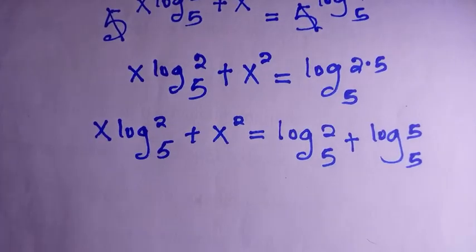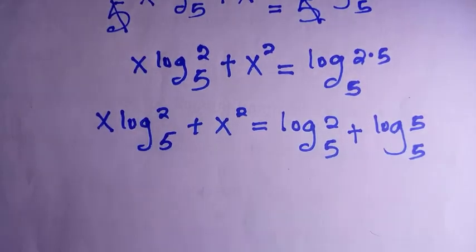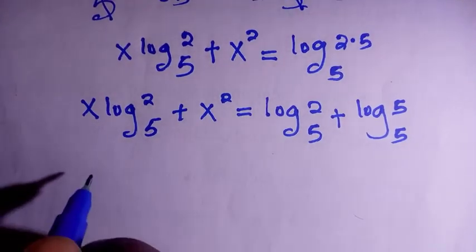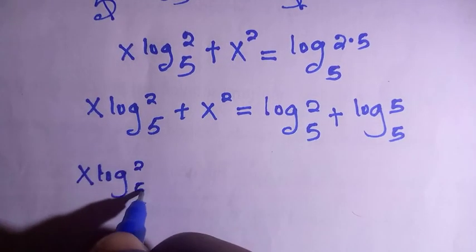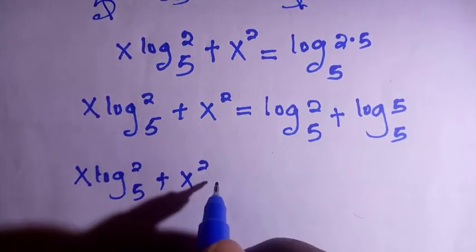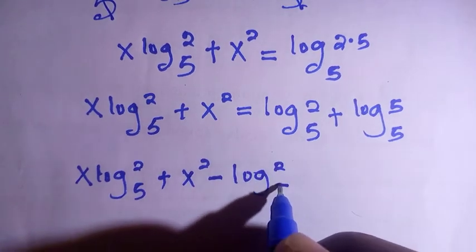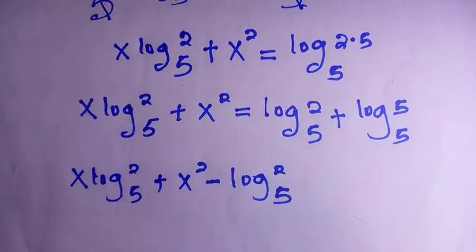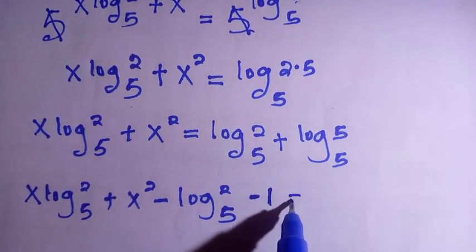And log 5 base 5 is 1, that is the logarithm of the same base. The next step: we have x log 2 base 5 plus x raised to the power of 2. We transfer log 2 base 5, it becomes negative log 2 base 5, and we also transfer 1, which changes to negative, equals 0.